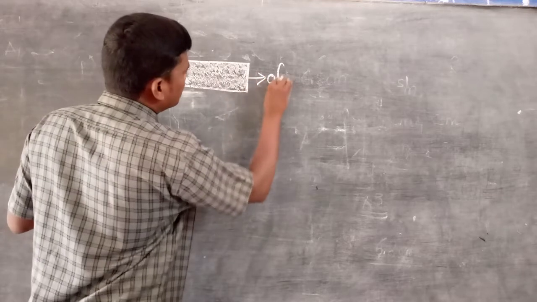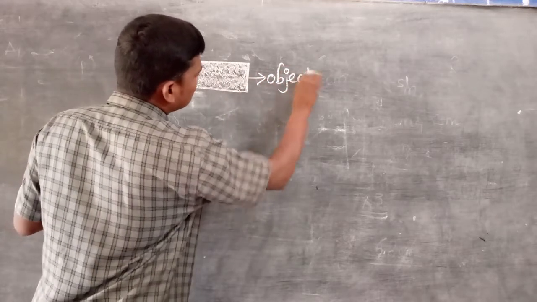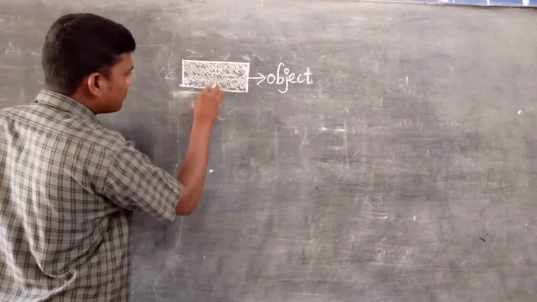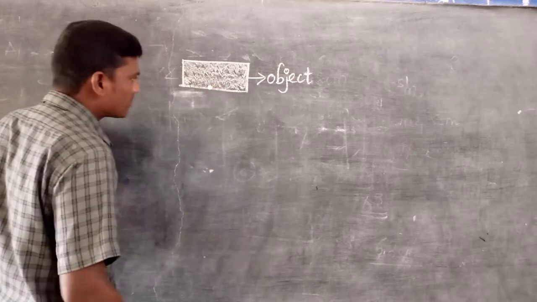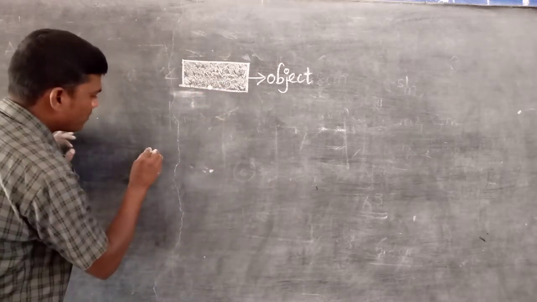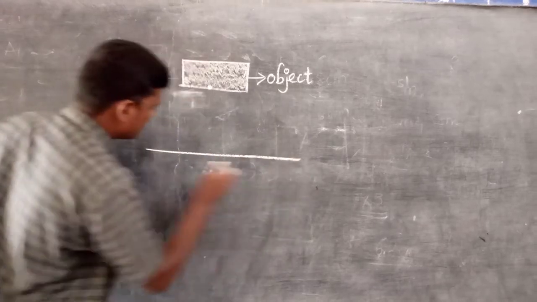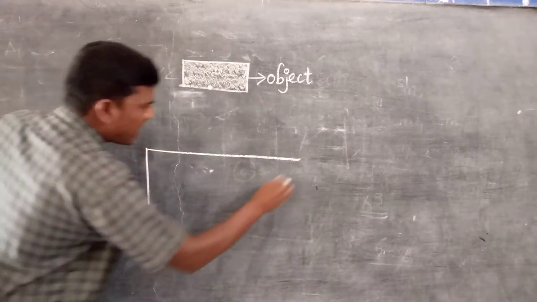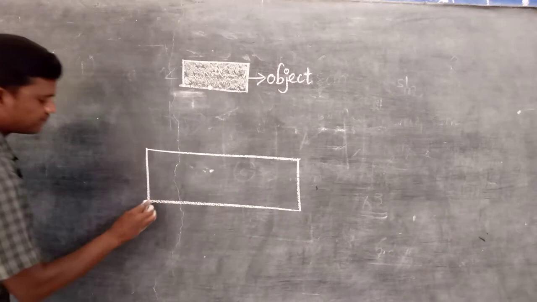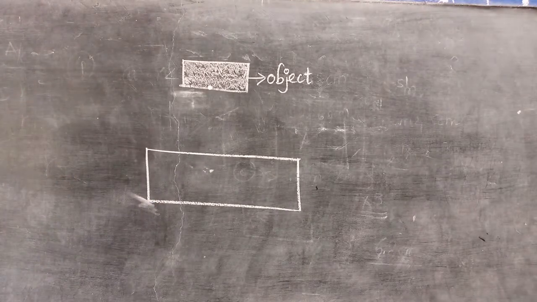It is the object. From the object you can take one point. In front of this, at one particular place, we place a rectangular glass slab. It is the rectangular glass slab.